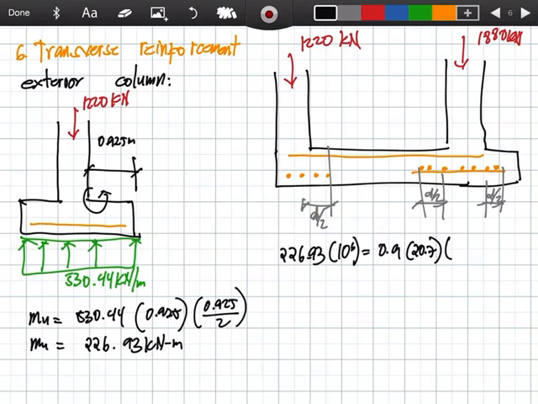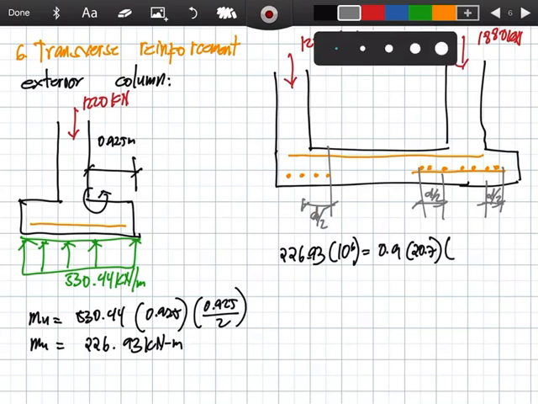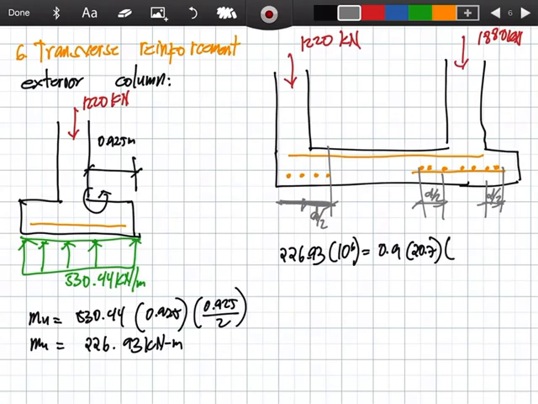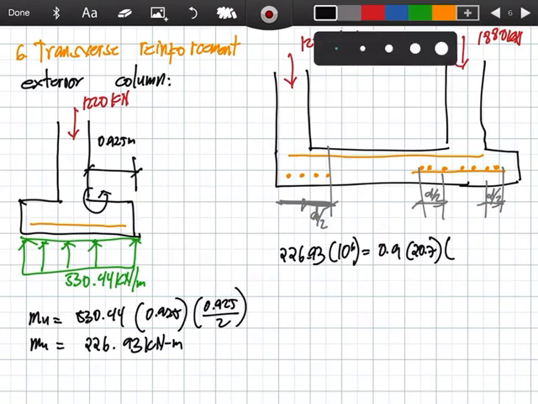Ito na yung ating BW kung saan natin i-distribute yung ating reinforcement. So, that is 450 plus d over 2. So, that is 450 plus ang d natin is 550 over 2. So, ang BW na natin dyan ay 725.